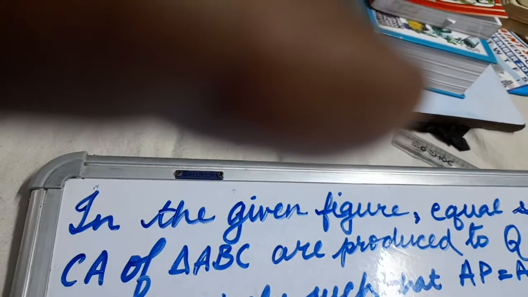And next, what is to prove? You will have to write what is to prove. To prove PB is equal to QC.